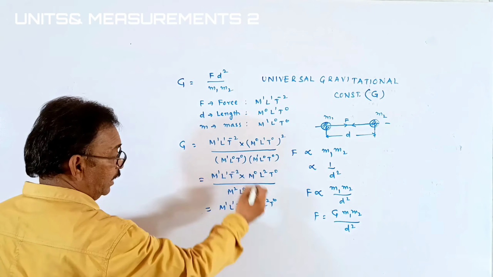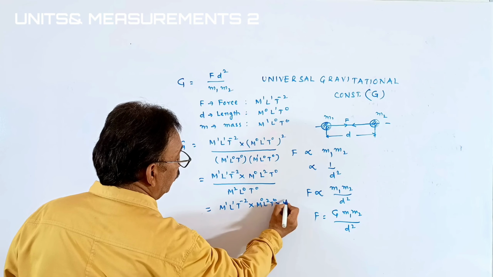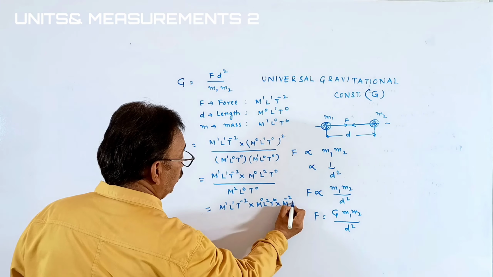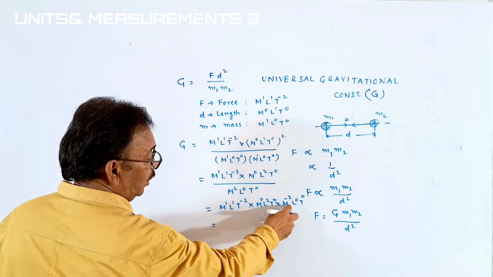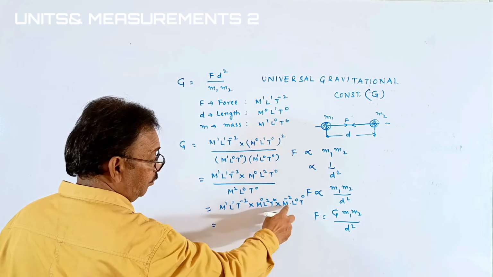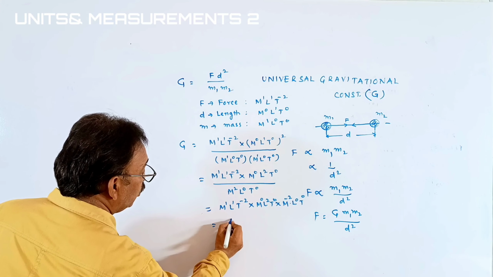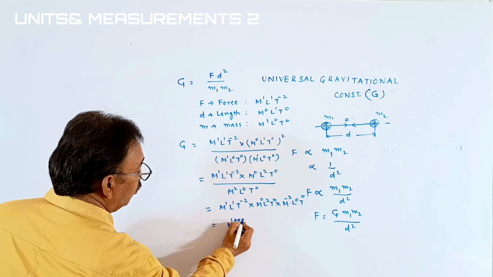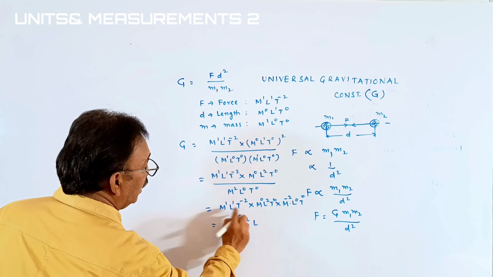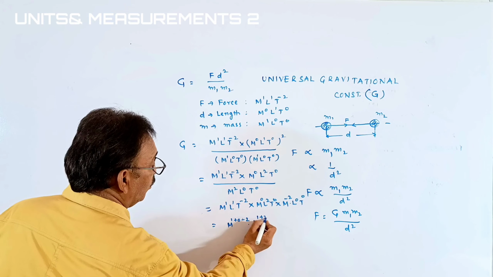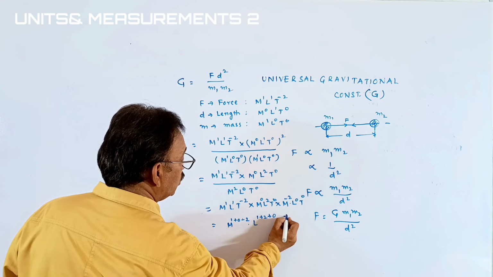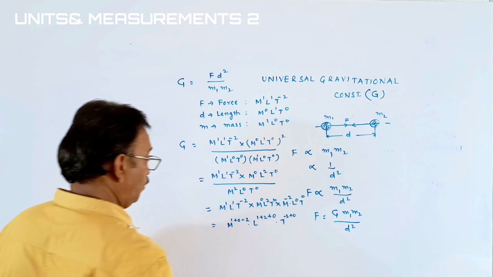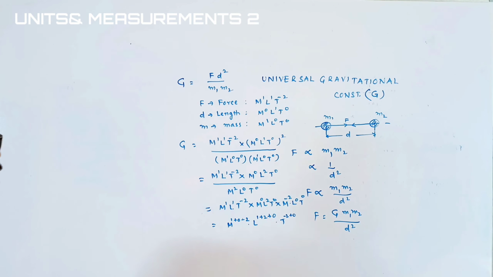I'm taking it up and it becomes M to the power of minus 2 into L to the power of 0 T to the power of 0. Then we are taking the bases. Here bases are the same, so we have to add the powers. M to the power of 1 plus 0 minus 2, L to the power of 1 plus 2 plus 0, T to the power of minus 2 plus 0.